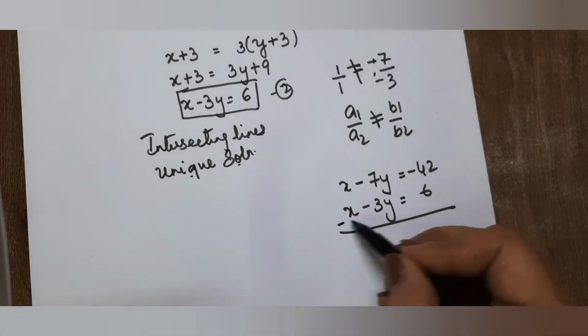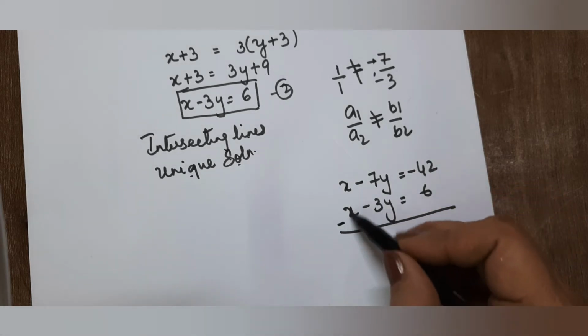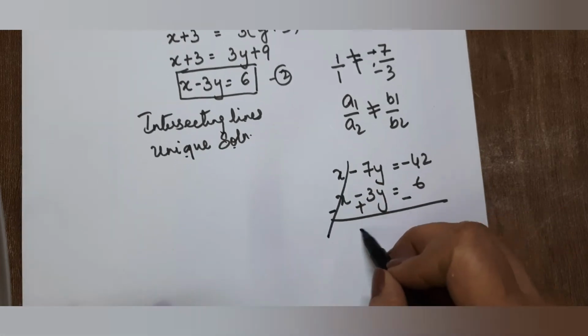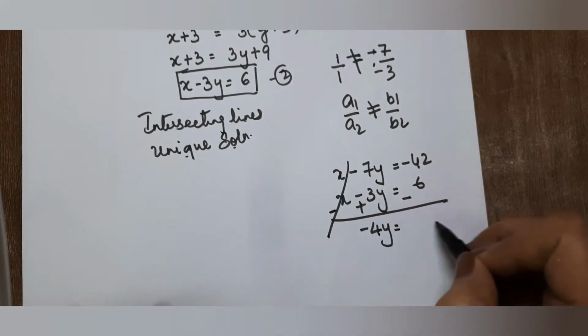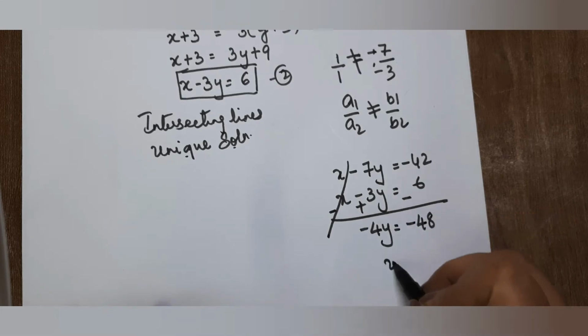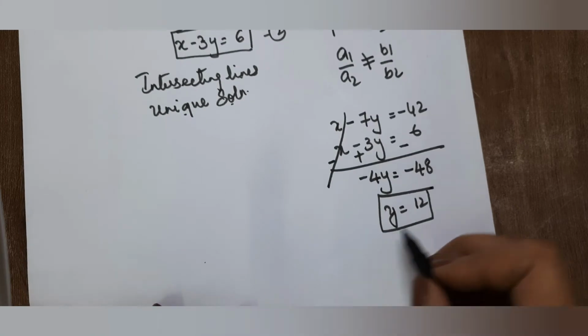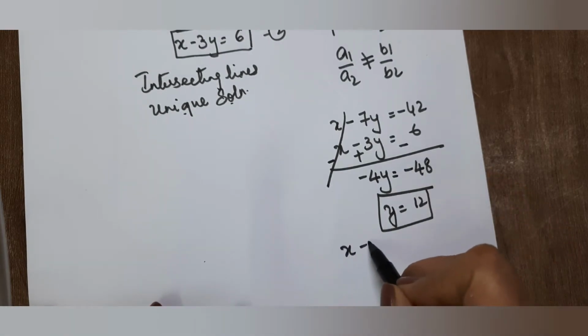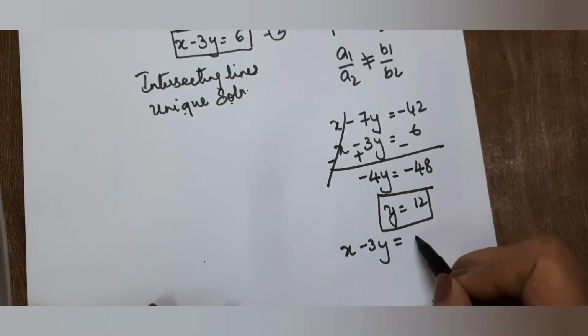For now, I'll subtract to cancel this part, change the sign, cancel this, you get minus 4y equal to minus 48, y is equal to 12. When I substitute y equal to 12 in equation 2, x minus 3y equal to 6.